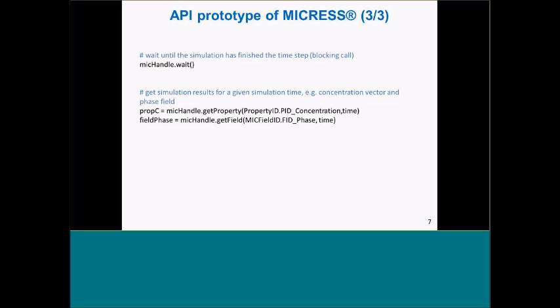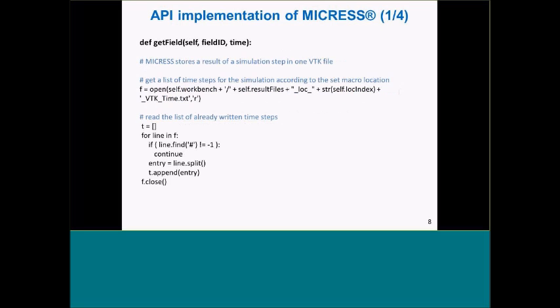Of course, it's an asynchronous call, and we have to wait for the results now and get back properties and fields for evaluation and passing to the other macro simulation, passing back. So that's all.